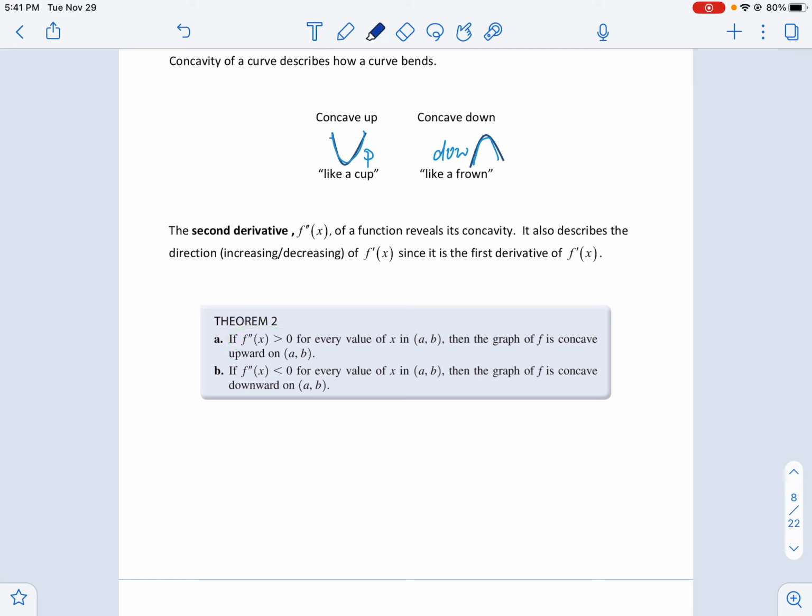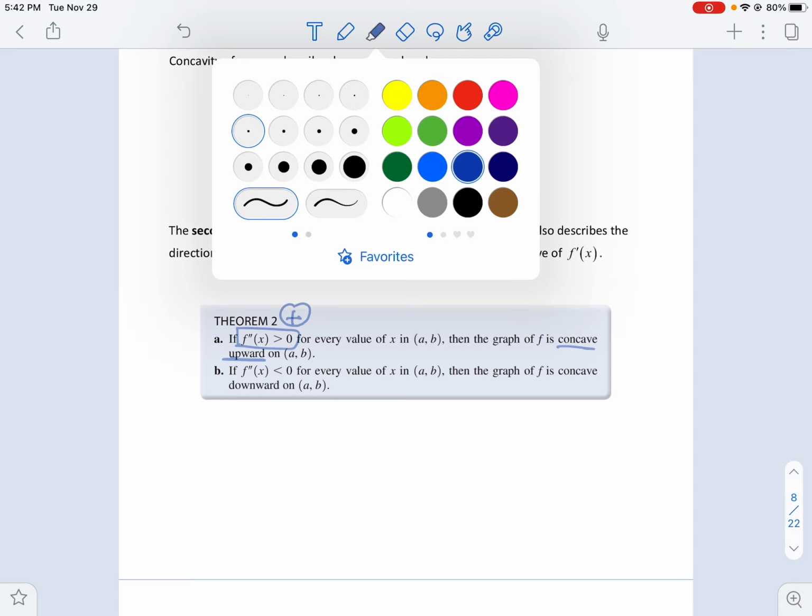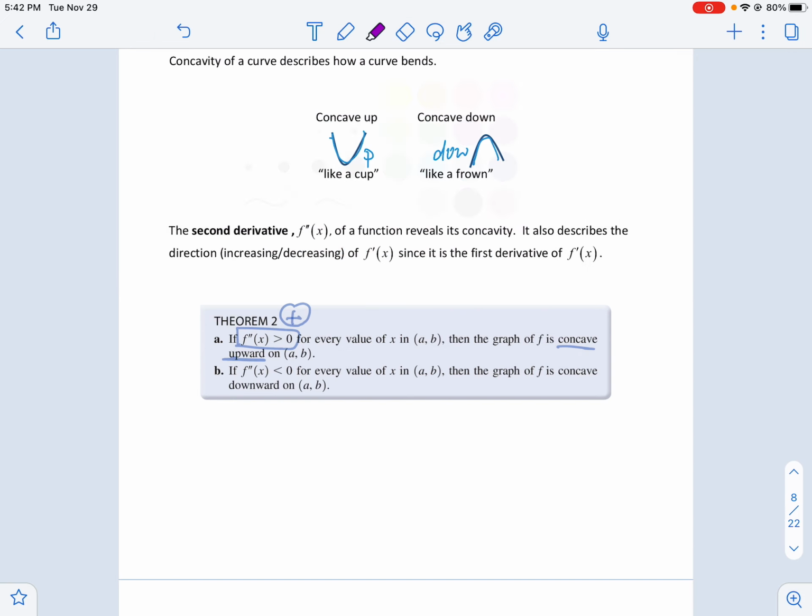If it is a positive second derivative, then we have an upward concavity. If we have a negative second derivative, then we have a downward concavity. So again, upward concavity is up like a cup. Downward concavity is down like a frown.